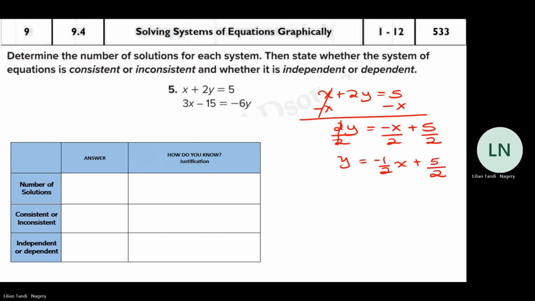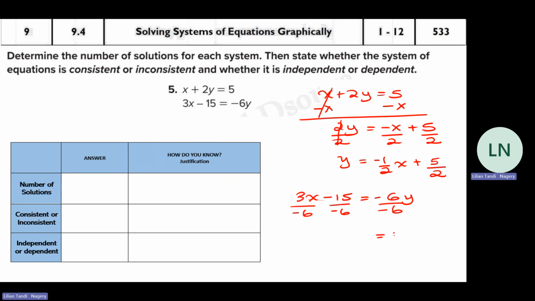Okay? So you do the other equation, you have 3x minus 15 equals negative 6y. It's already in slope intercept form. Divide all terms by negative 6.